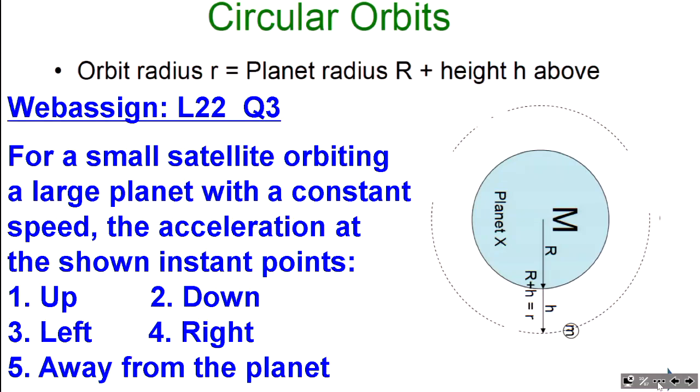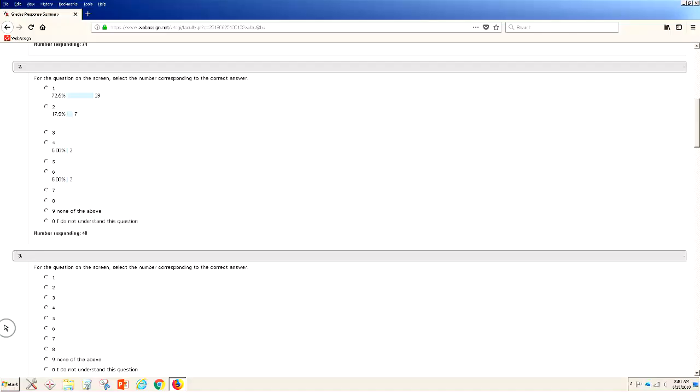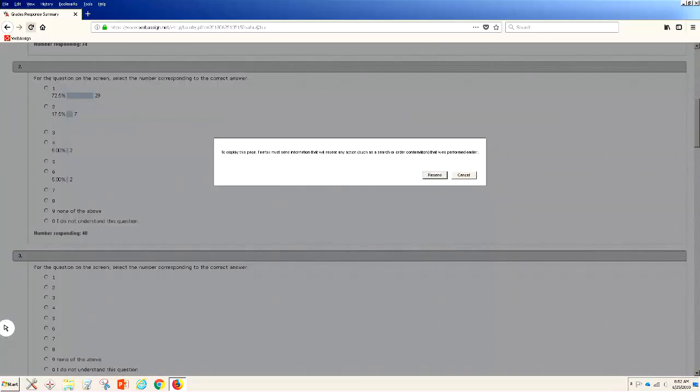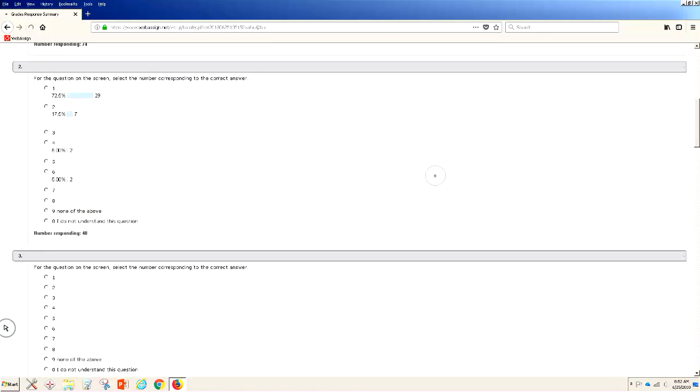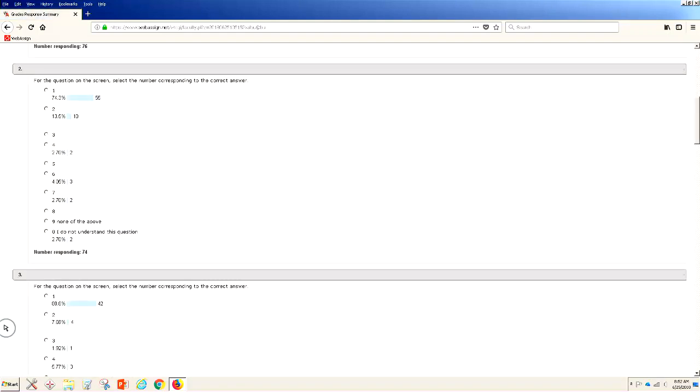It has to point somewhere. And survey says, at that particular instant, at that particular location of the satellite, it points up.